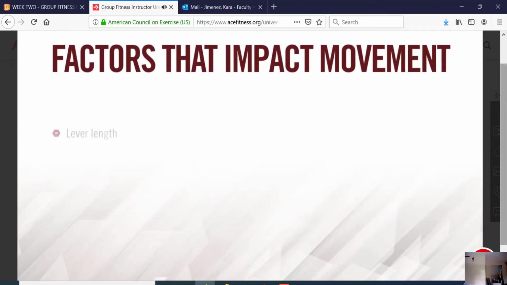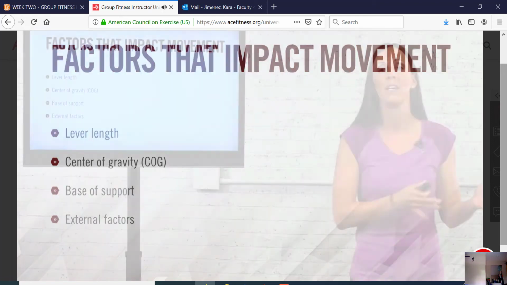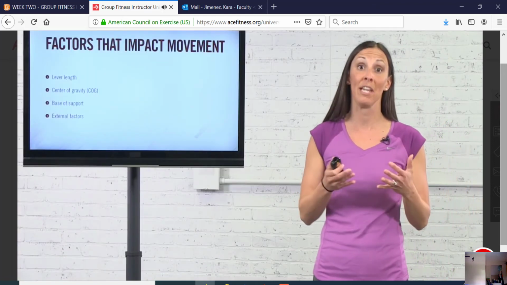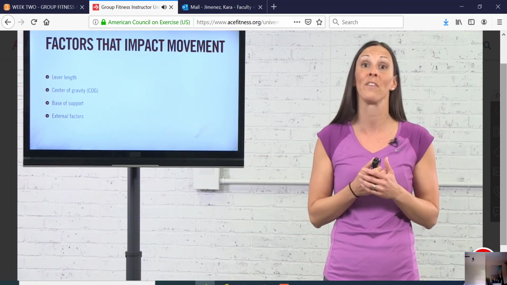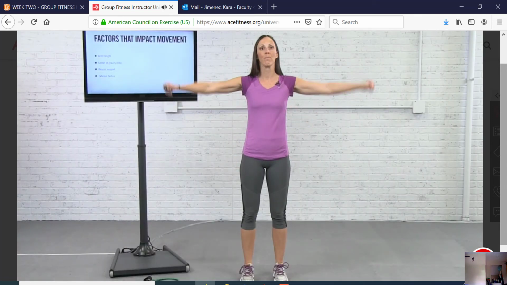As a group fitness instructor, we're constantly monitoring our participants, and we're deciding whether they can progress an exercise or maybe they need to regress an exercise. There are a couple factors that will influence whether they can progress or they need to regress. The first being the lever length. The lever is your arm or your leg.